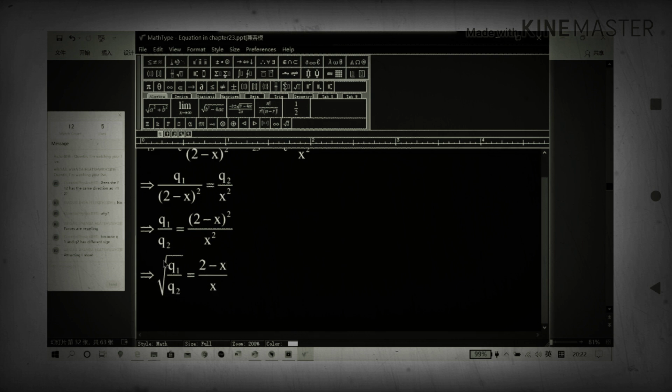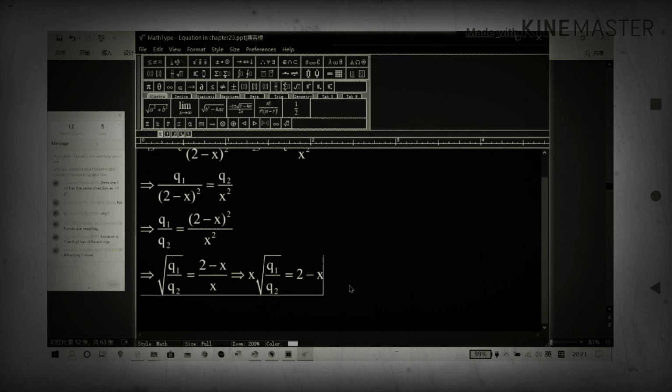Now we multiply x to this side, so this one is 2 minus x.